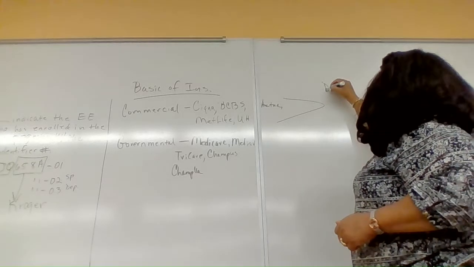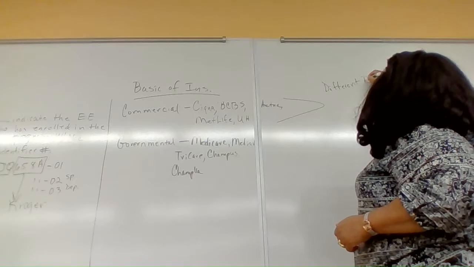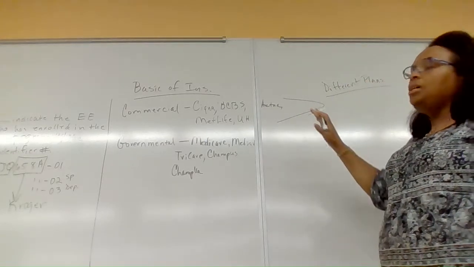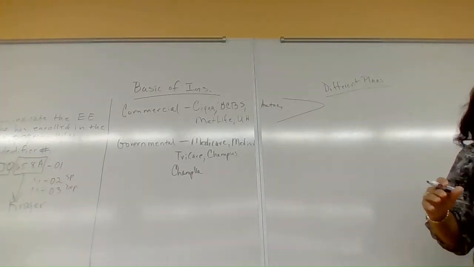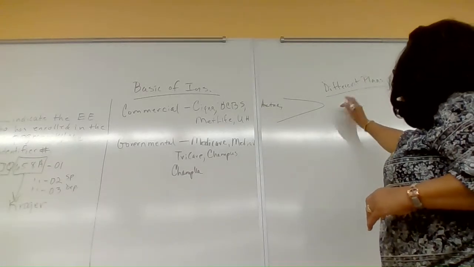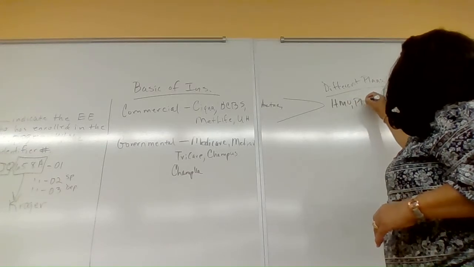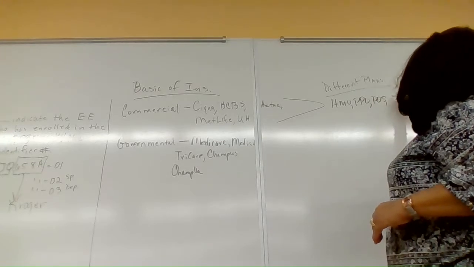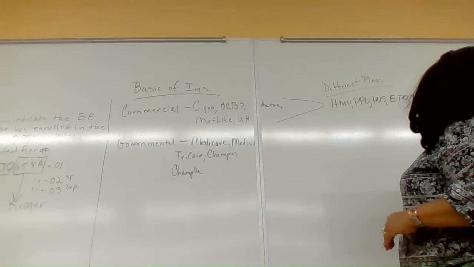Now, we're going to come over here and talk about the different plans. Every insurance has a plan and they go according to tiers. So I'm going to tell you what tiers are. HMO is a plan. PPO is a plan. Point of service is a plan. EPO is a plan. Major medical.